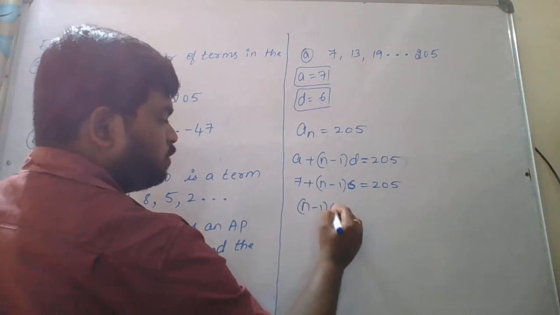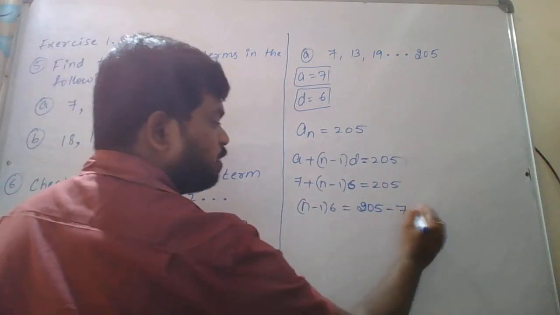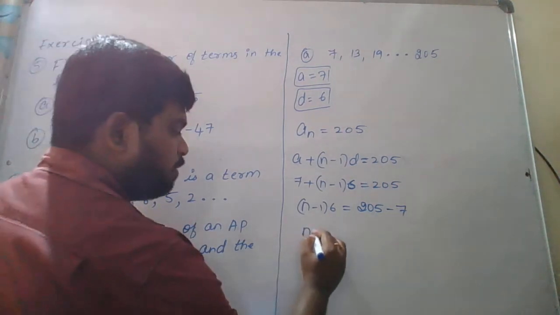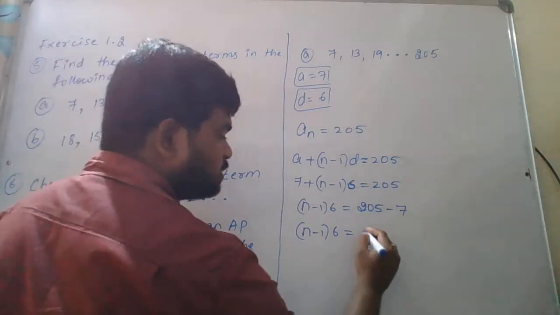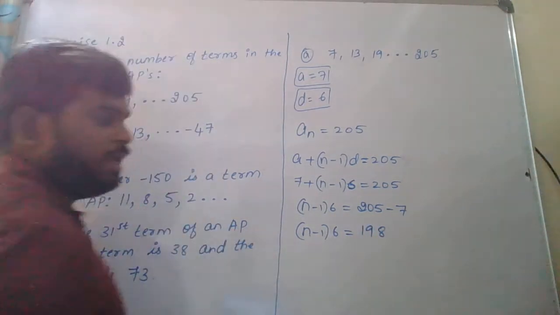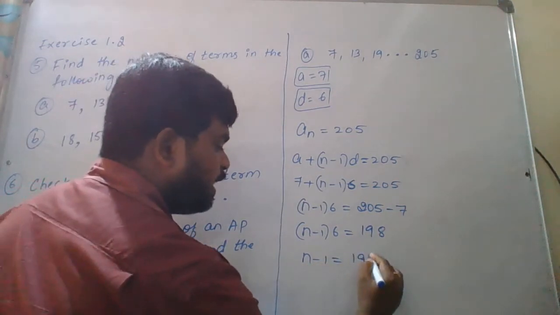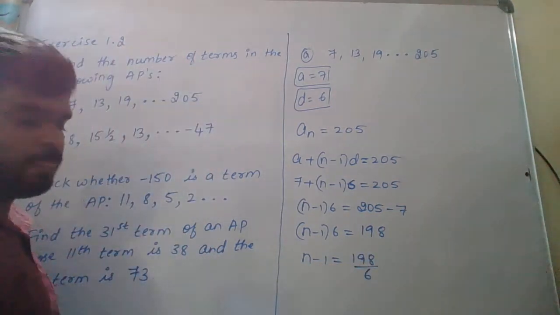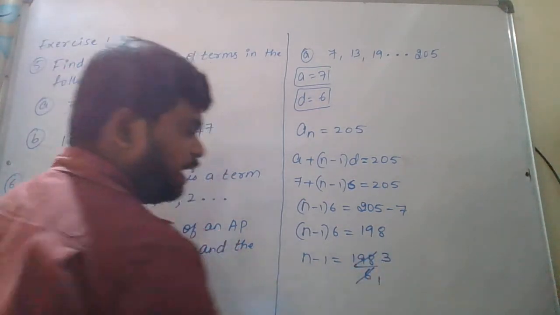N minus 1 into 6 as it is equals 205 plus 7 to the other side will become minus 7. Therefore, N minus 1 into 6 equals 205 minus 7, 198. Therefore, N minus 1 equals 198 divided by 6. 6 ones are 6, 6 threes are 18.